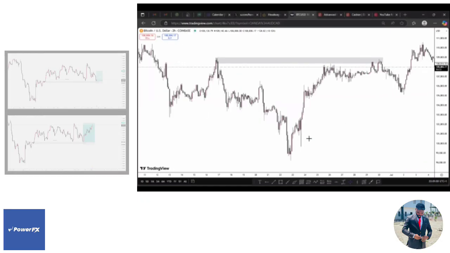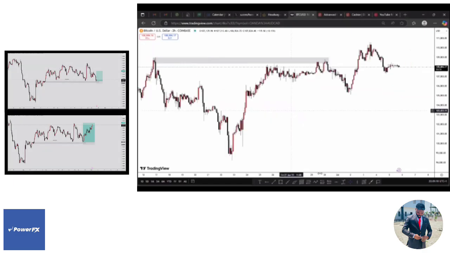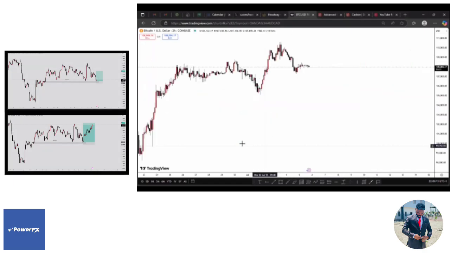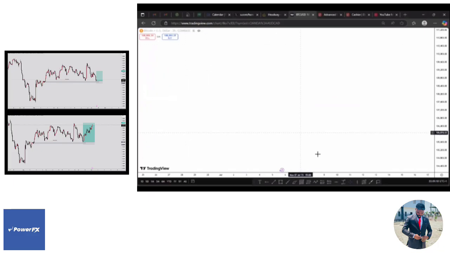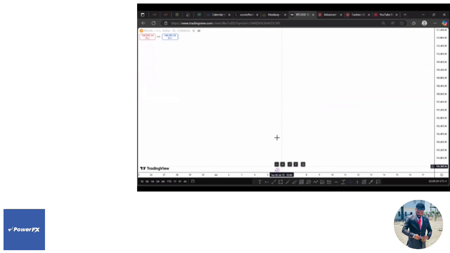So I'm going to give the general details. I trade supply and demand, and where I trade supply and demand might be different from how you trade supply and demand. I trade supply and demand from the smart money perspective.